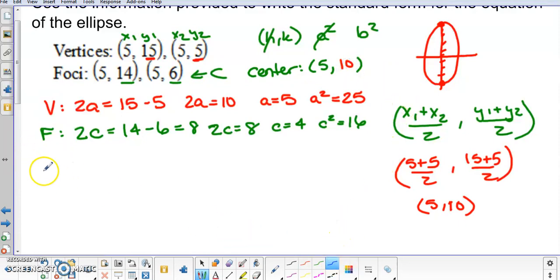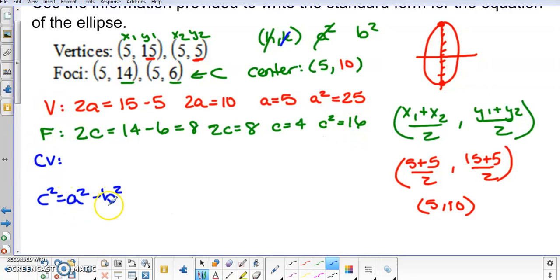All right. I still have to figure out what b squared is. So now I have h, k, and a squared. I just need b squared. In order to do that, I have the equation c squared equals a squared minus b squared. I have a squared and c squared, so I'm going to solve for b squared.